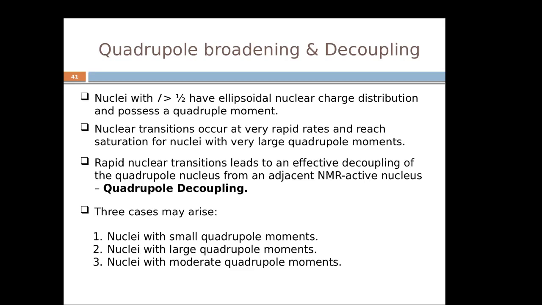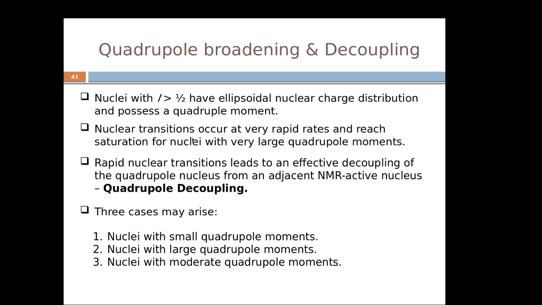And because of coupling of the nuclear magnetic moment with the nuclear quadrupole moment, in the case of nuclei with I greater than 1/2, the nuclear transitions between the lower energy nuclear level and the upper energy nuclear level are speeded up.